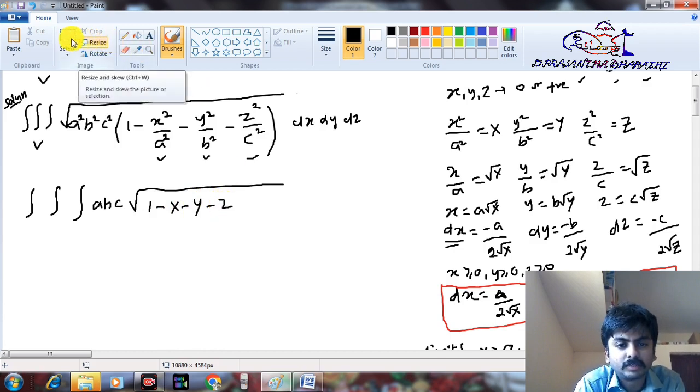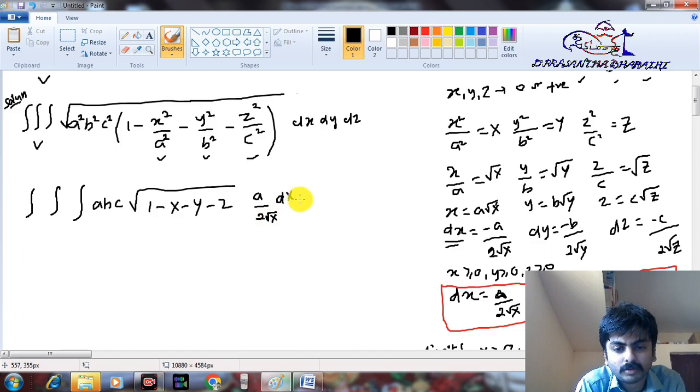And after that we will have dx equal to a by 2 root of capital X dx, then b divided by 2 root Y dy, and after that c divided by 2 root Z dz.